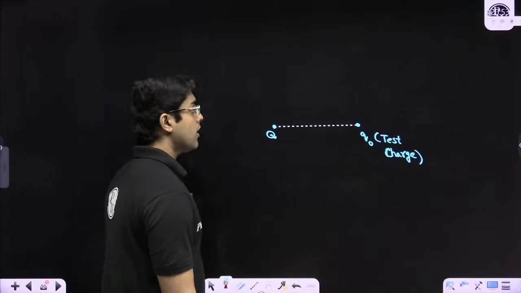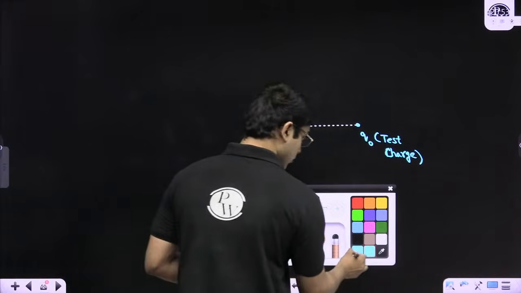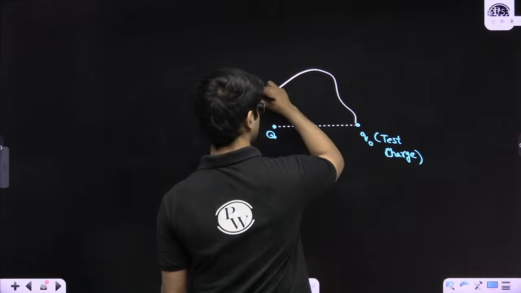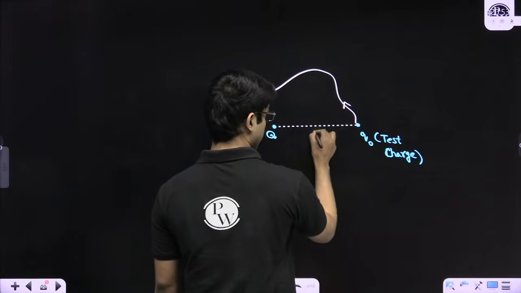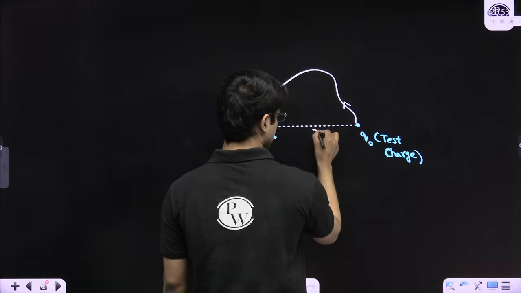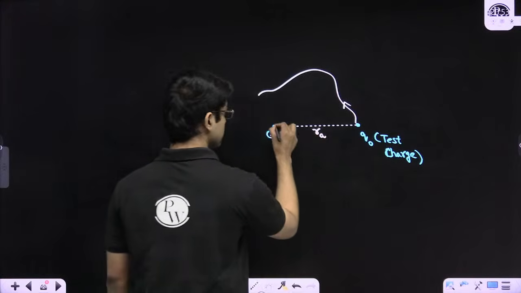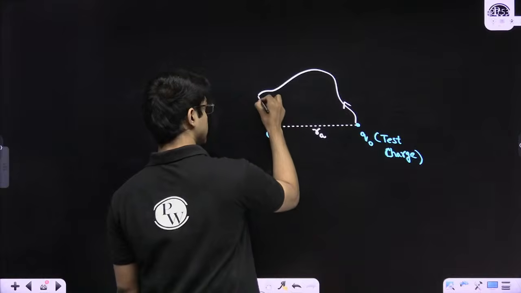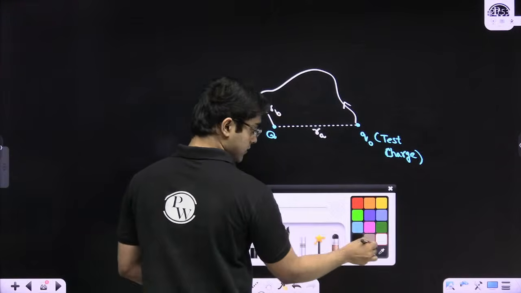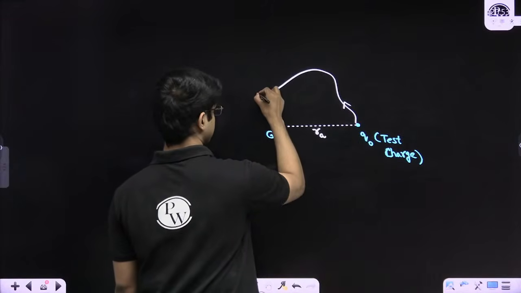Now if we move this Q naught charge from some location, let's call this location RA, to this location RB, we discuss the potential difference.